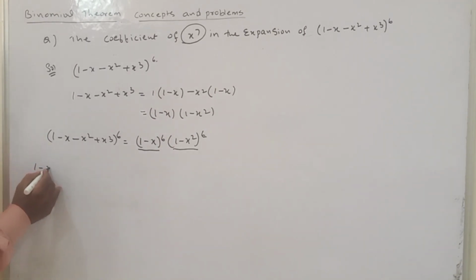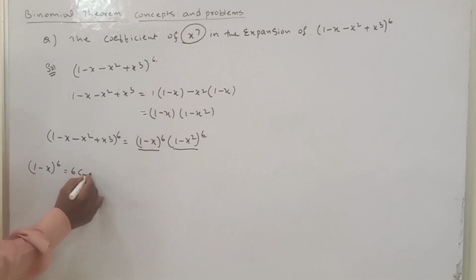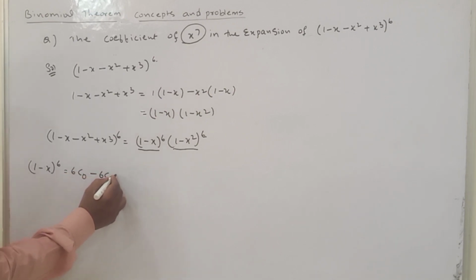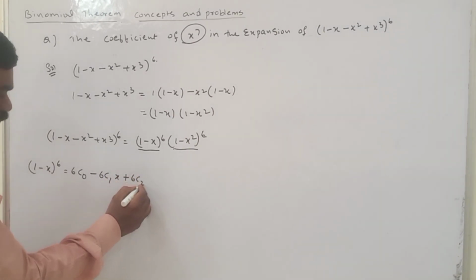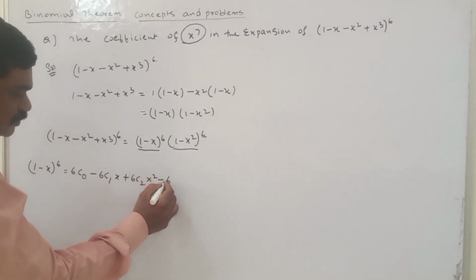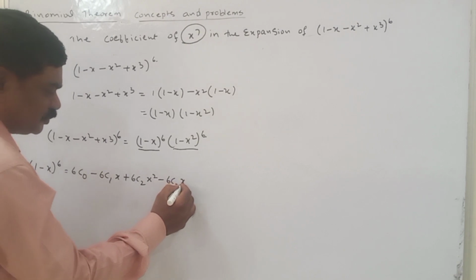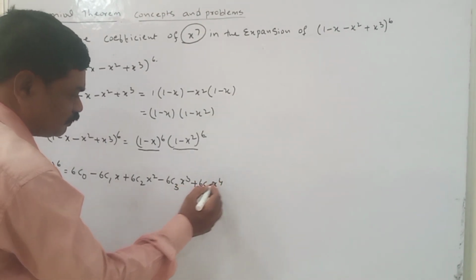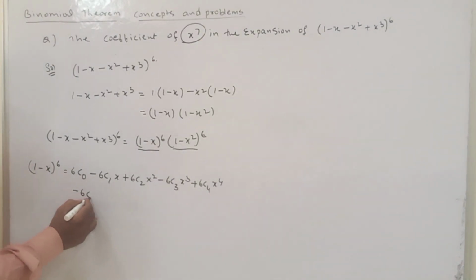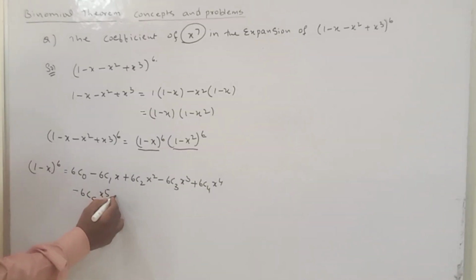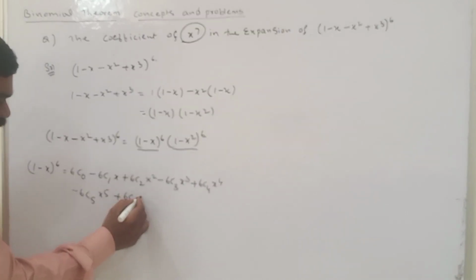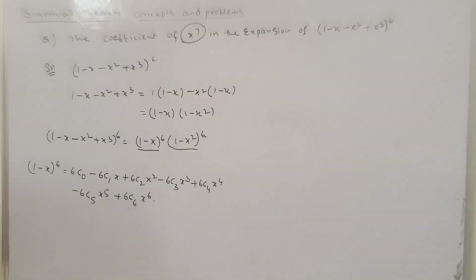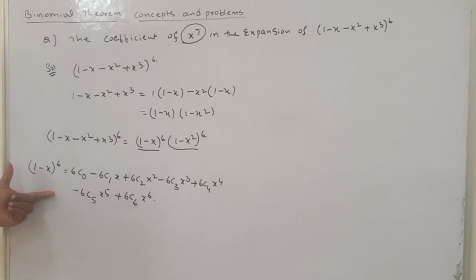So what is the (1 minus x) power 6 expansion? 6C0 minus 6C1 x plus 6C2 x square minus 6C3 x cube plus 6C4 x power 4 minus 6C5 x power 5 plus 6C6 x power 6. This is the expansion of (1 minus x) whole power 6.